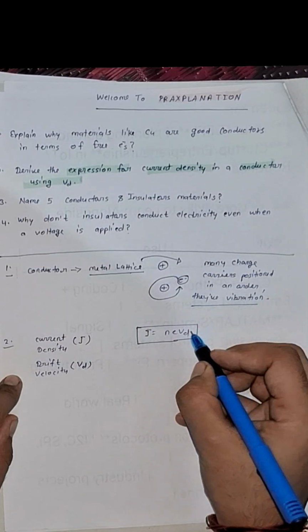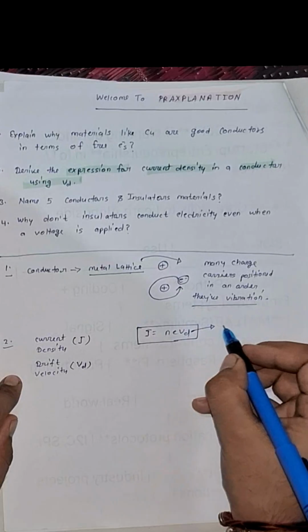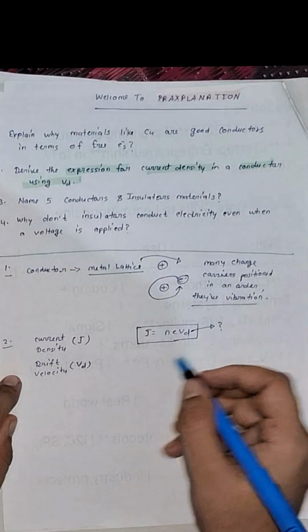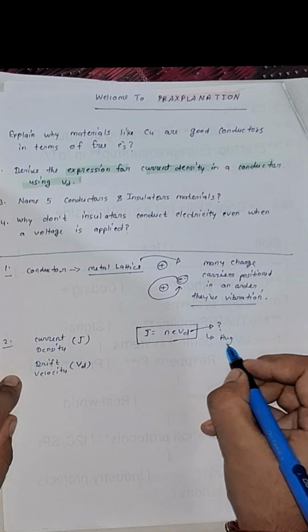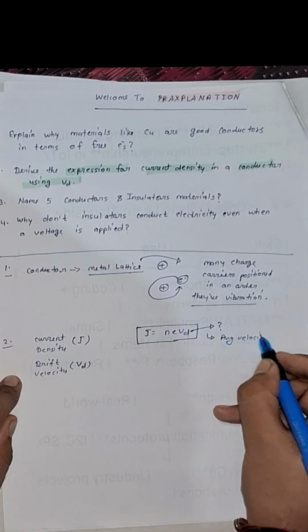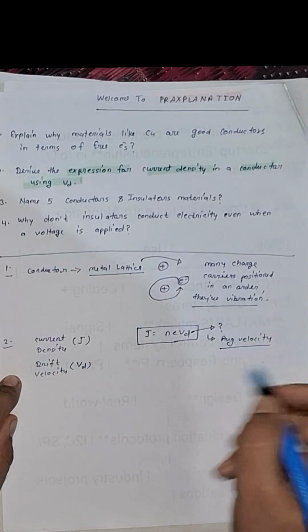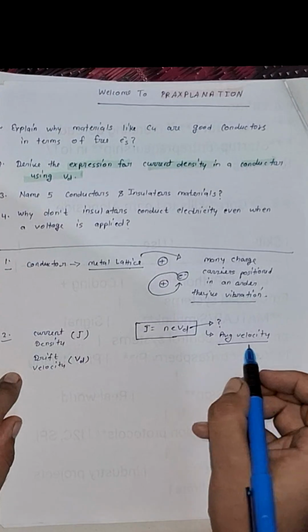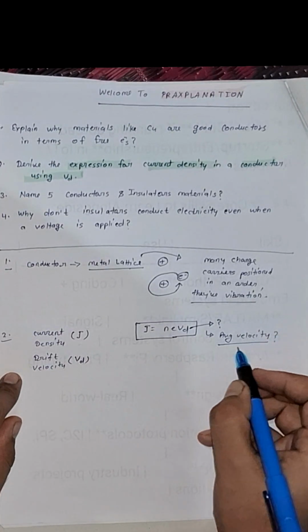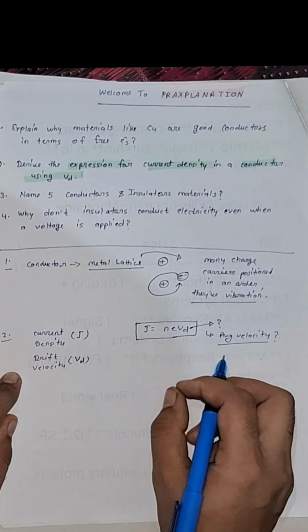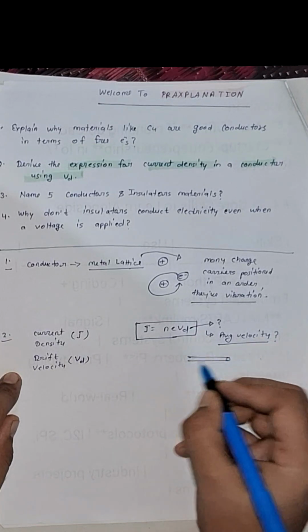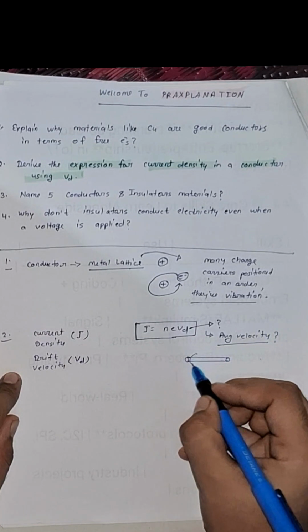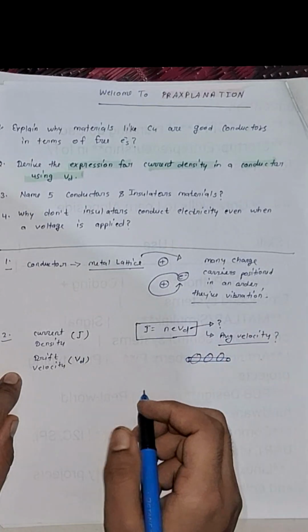So first let's see drift velocity, that is Vd. Our drift velocity is the average velocity. Now what is average velocity? There is a wire, I mean a conductor, and there is an electric field.